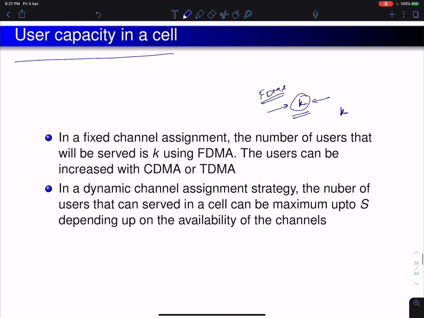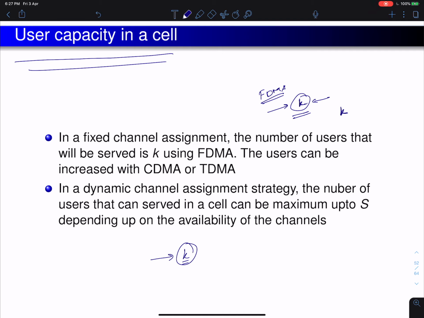Now, the main point why I was talking about user capacity here is that if you have a static channel assignment, any cell can have at max access to k channels. If I go for a fixed channel assignment where every cell gets equal channels, with each cell having k channels, you can support k users simultaneously.